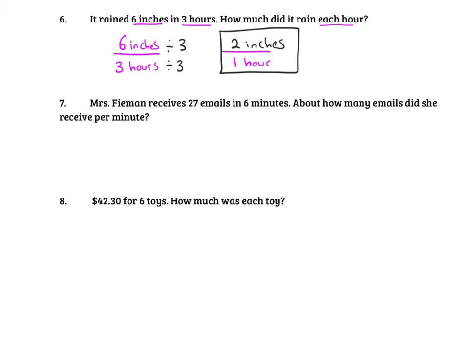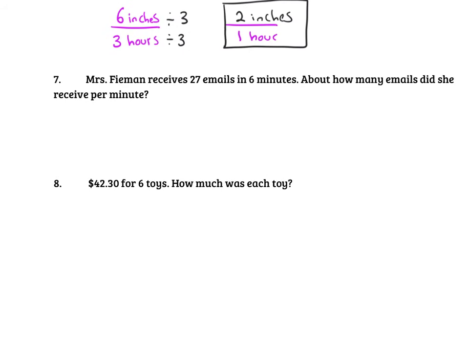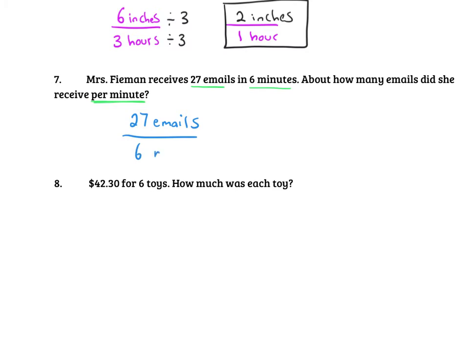Mrs. Feynman received 27 emails in 6 minutes. How many emails did she receive per minute? Wow, Mrs. Feynman was really busy. 27 emails in 6 minutes. I'm always going to start with my ratio.